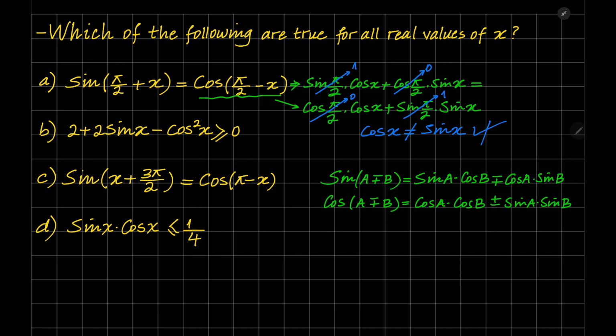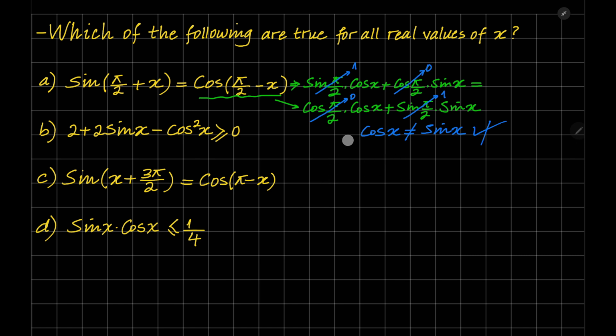Okay, let me erase this part. And then let's say this is not correct. And let's continue with the second expression. It implies that 2 plus 2 sine x.